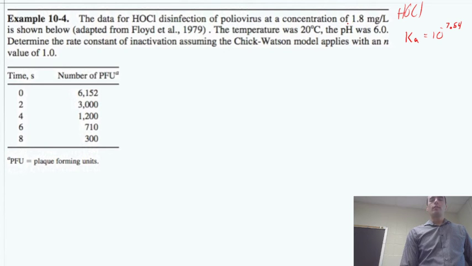We could consider that what they mean here is that exactly 1.8 milligrams per liter is HOCl, or maybe they're saying that the total chlorine is 1.8 and then it's at a pH of 6, and so then we would have to say, well, only a fraction of this is actually HOCl at pH 6. So for now, for the sake of time, let's just say all of this is 1.8 milligrams per liter.